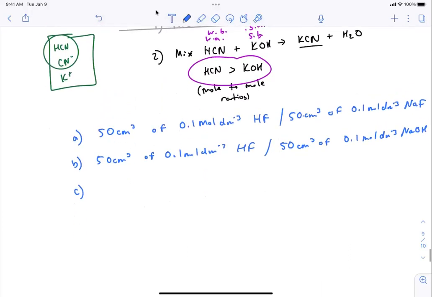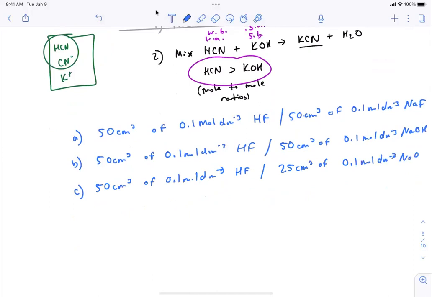C: 50 centimeters cubed of 0.1 molar HF and 25 centimeters cubed of 0.1 molar NaOH.